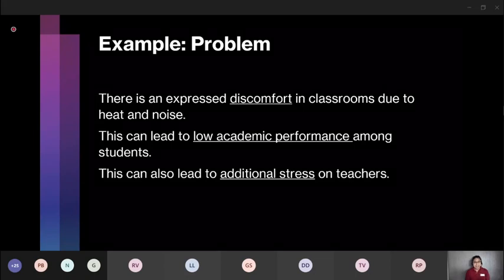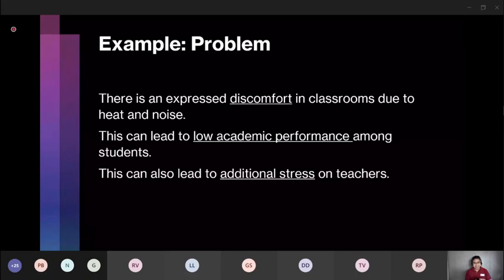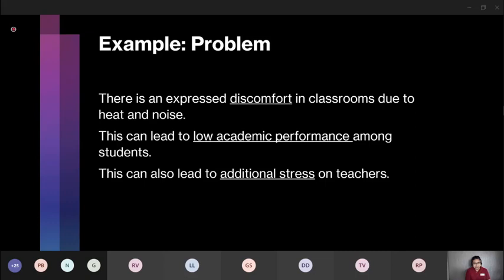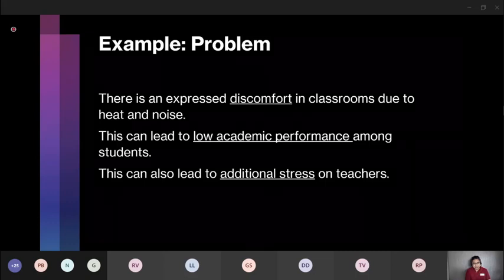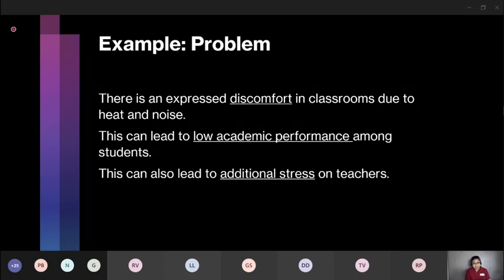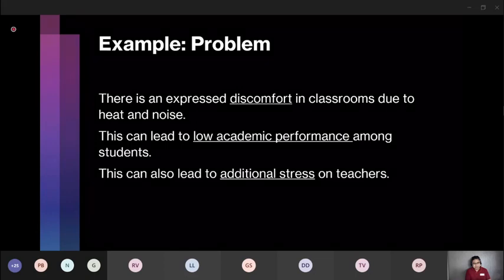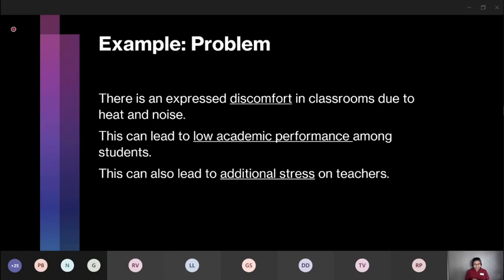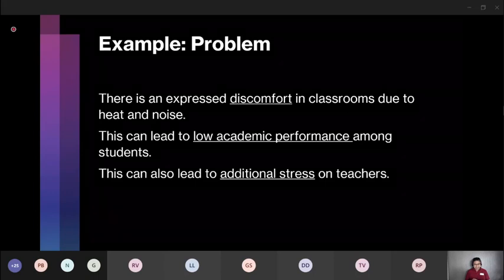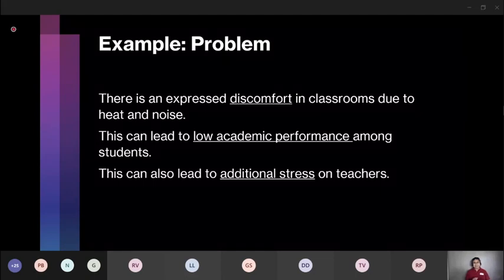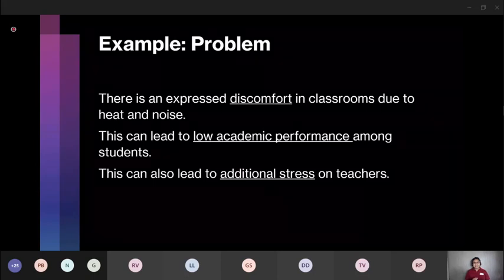Because of this heat and noise, there is literature that tells us that if students are uncomfortable and face difficulty in listening to the lecture, it can lead to low academic performance. This academic performance can be measured by the scores that they get in the exam.